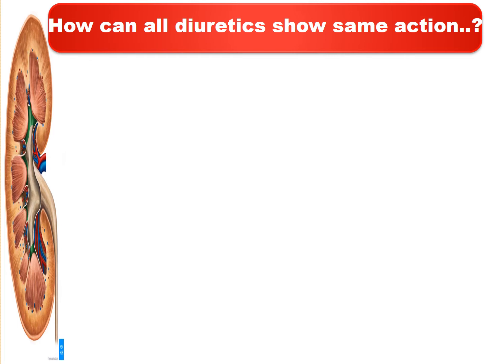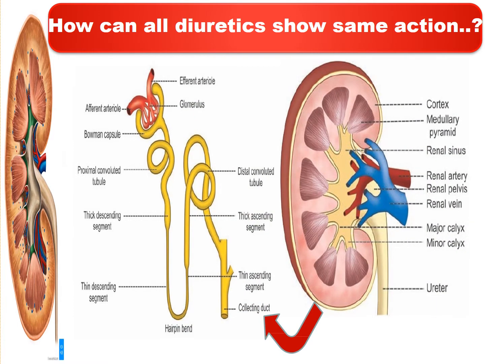To get the answer to this question, first we have to go through the normal physiology of urine formation. In short, we have to know the physiology of urine formation.